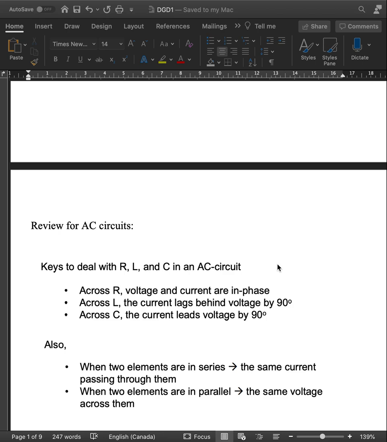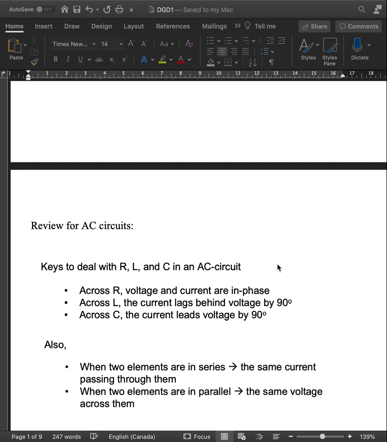And when we have L, that is an inductor, the current always lags behind the voltage. It's because the inductance opposes the current, slowing down the current relative to the voltage. Voltage keeps going forward and the current starts lagging.